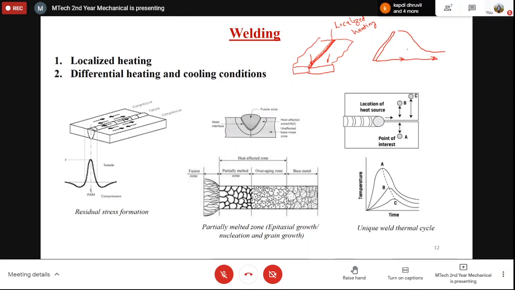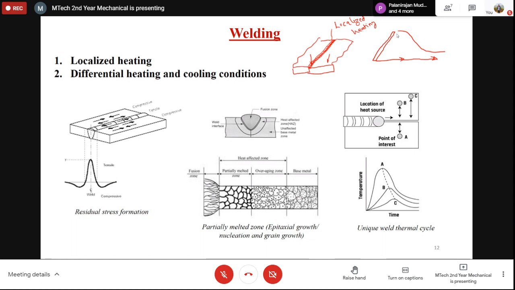Then when you are cooling it, again there is differential cooling and heating. The removal of heat, or the heat transfer, is more where we have the higher gradient of heat or temperature difference. Here at the junction, the temperature is higher, and at ambient conditions the temperature is room temperature.